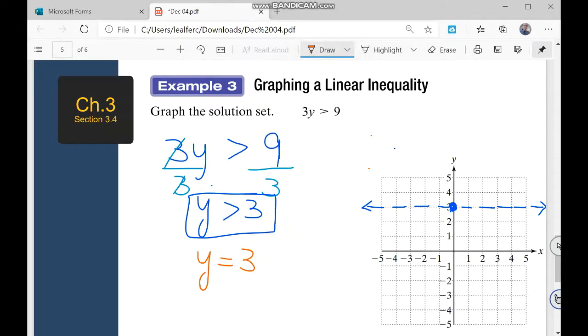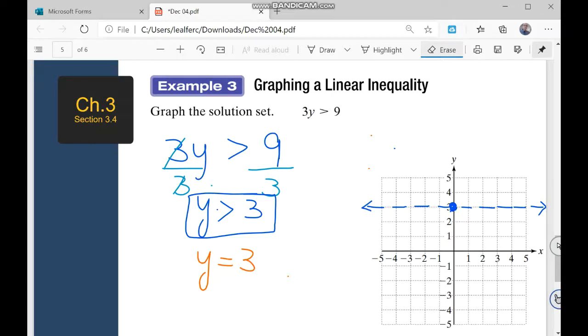Why do you think I draw this line dashed? Let me tell you. We will check this as well on the quiz. We will understand this and practice on the quiz. If we don't have the equal sign underneath the inequality symbol, it's just greater than 3.